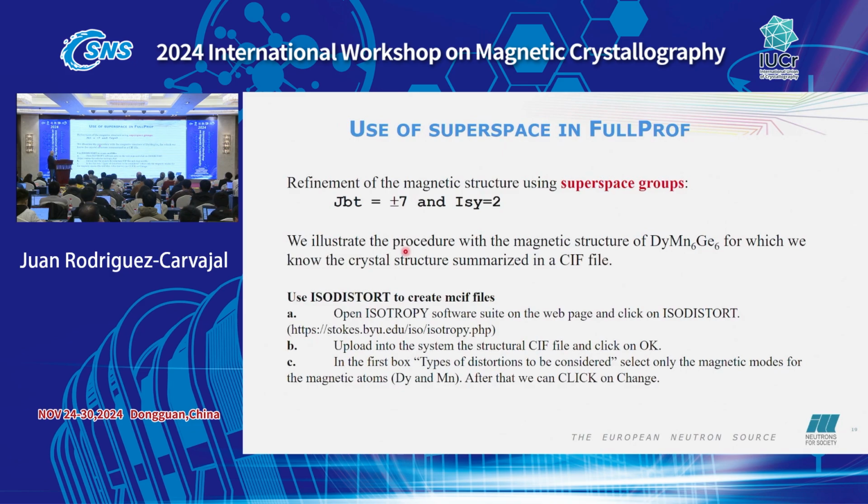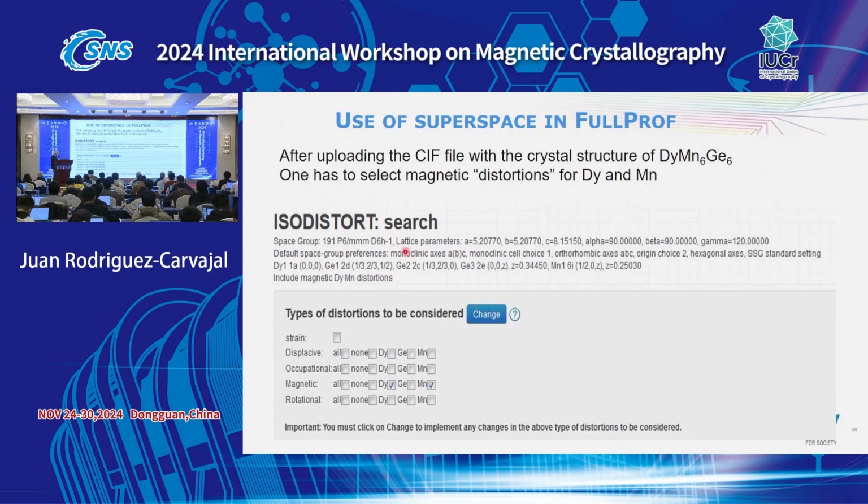For doing the same thing with superspace, you use isodistort, and then at the end you have to download a zip file and convert to PCR file using the utility mzip to PCR. Here, for instance, is the case of dysprosium manganese 6 germanium 6, which is relatively complicated.